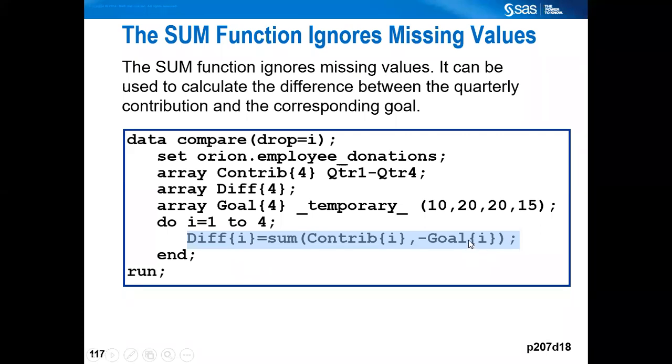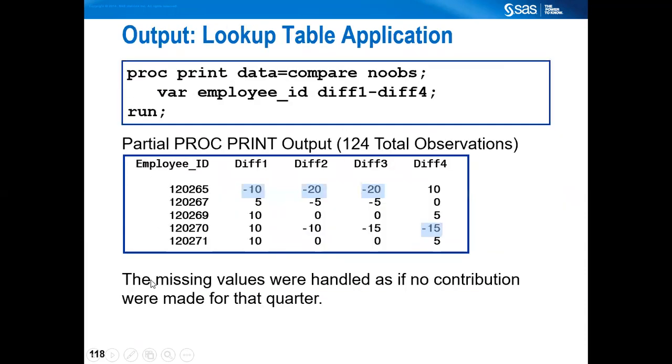As per the syntax, how we were writing quarter 1, comma, quarter 2. So these are the arguments. So as per the syntax, it's argument, comma, second argument. So it will ignore missing values. So missing values are handled as if no contribution were made for that quarter.